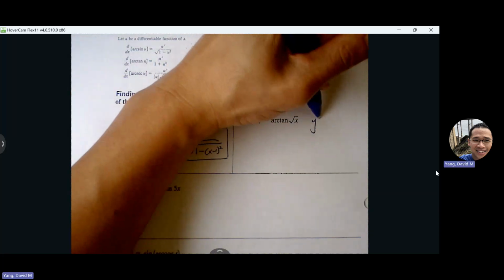For 44, I would rewrite the problem so you can get ready for the derivative.